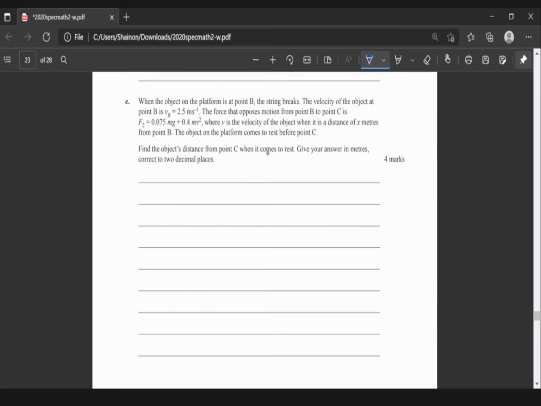So then part E. Now we can't use SUVAT because the acceleration is going to change. It's going to be like a function. We know that F2 is equal to this, with VB the velocity at B. So the acceleration is going to be, from F2, 0.075g plus 0.4v squared.